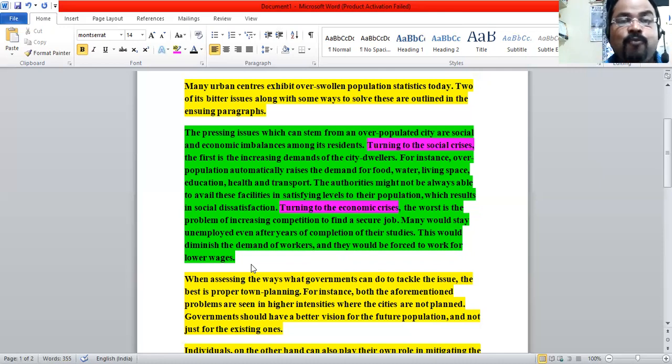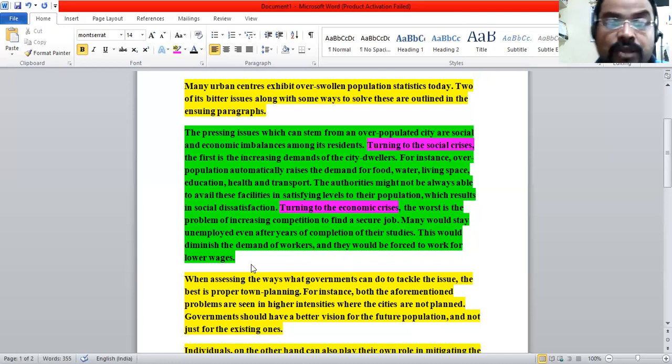I have seen some working in the hotel industry too. When they are not getting the job they demand, they have to opt for jobs which satisfy their needs, and they have to be satisfied with low wages. So this is what you can see in the second part.